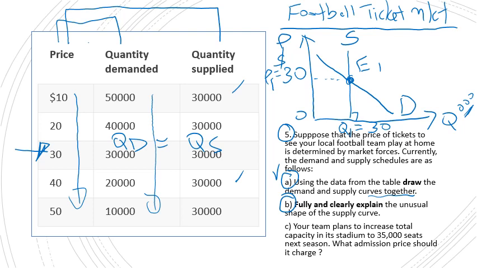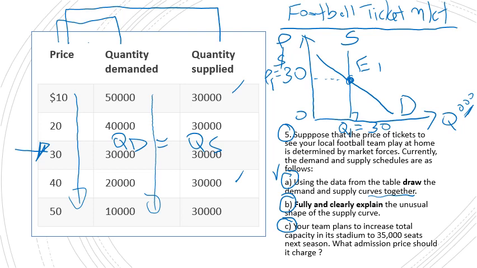The reason this supply curve is vertical, or perpendicular to the x-axis, is because the number of seats in this football stadium is limited to 30,000 seats. So it doesn't matter whether prices go up or down. Quantity supplied does not react, again, because supply is fixed. Quantity supplied is fixed. So I expected this kind of full and clearly developed answer.